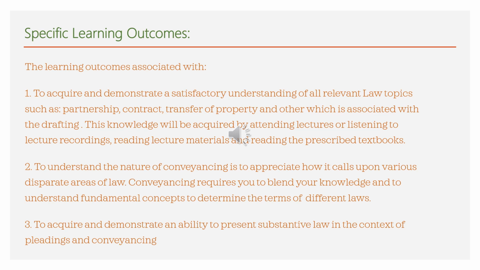And to understand the nature of conveyancing is to appreciate how it calls upon various disparate areas of law. Conveyancing requires you to blend your knowledge and to understand fundamental concepts to determine the terms of different laws, and to acquire and demonstrate an ability to present substantive law in the context of pleading and conveyancing.